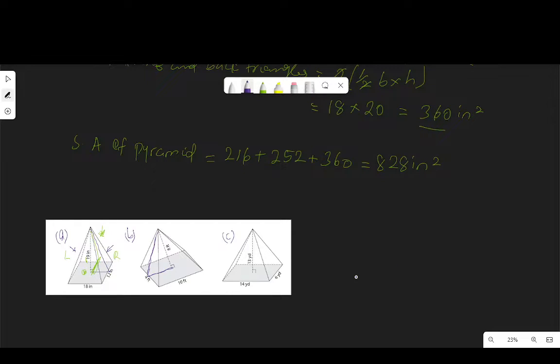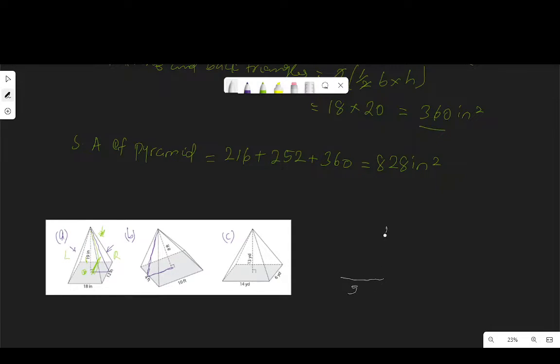Let me redraw the triangle here. I have the white color, which will be better. I have this base of the triangle, which forms half of the length of the base of the pyramid. Half of 10 here is 5, so 5 feet right there.